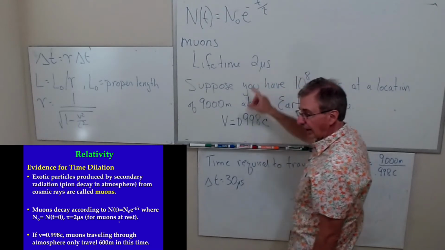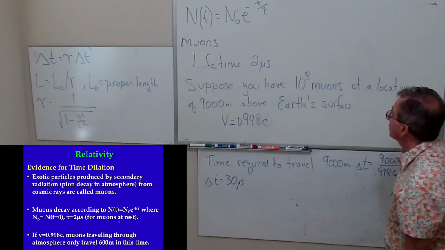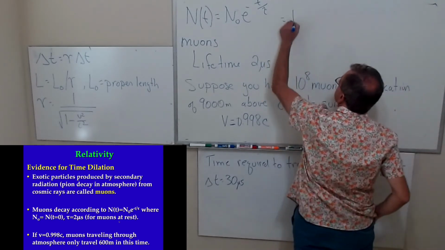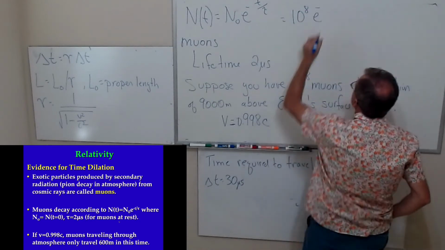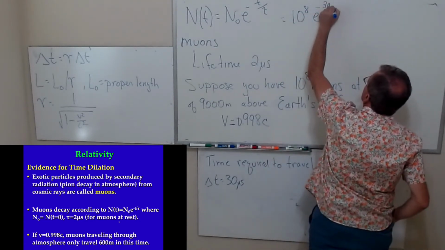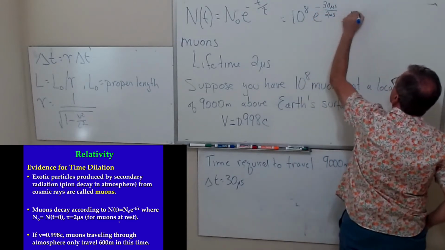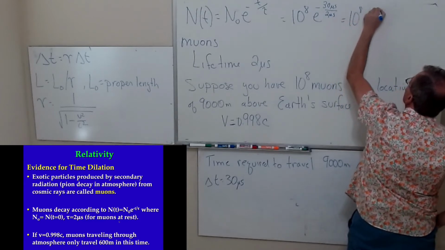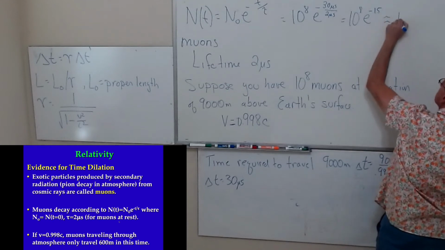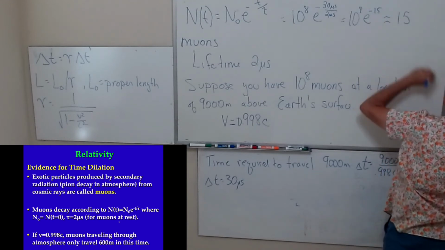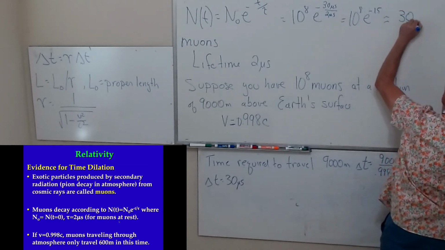Well, I would put down 10 to the 8th times e to the minus 30 microseconds over 2 microseconds, the lifetime. When they reach the Earth, I would measure about 30 muons.